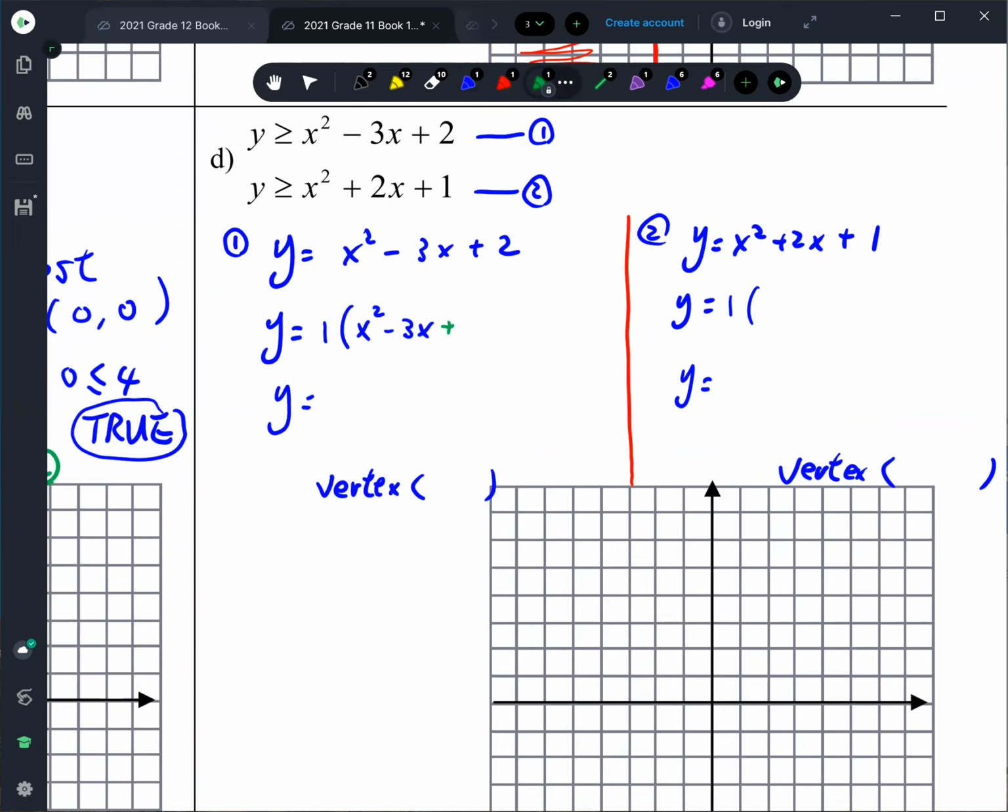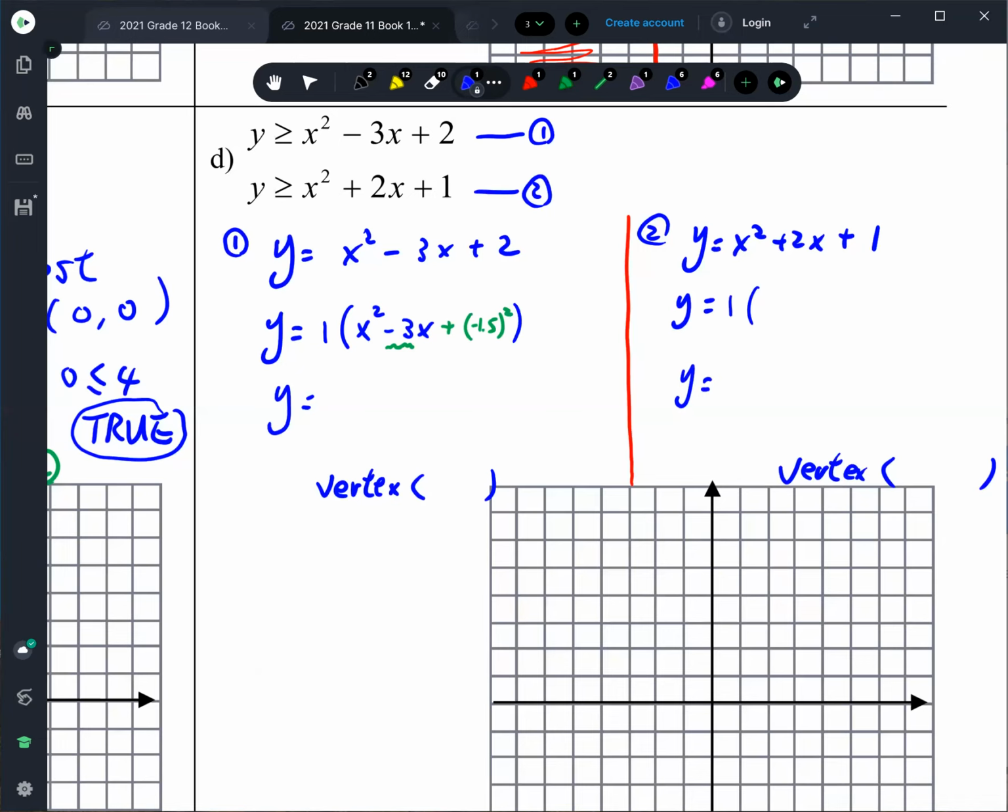Not yet. You need to plus the middle number divided by 2, in brackets. What's negative 3 divided by 2? Negative 1.5. Square, right? And then you close it off.